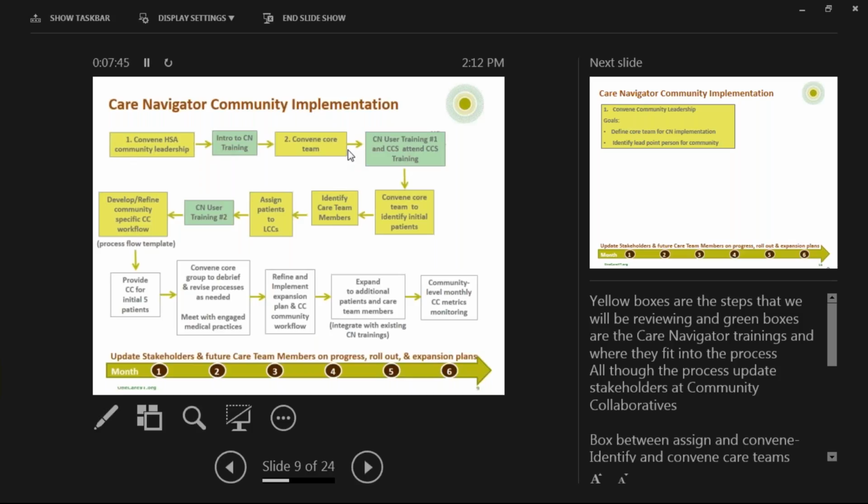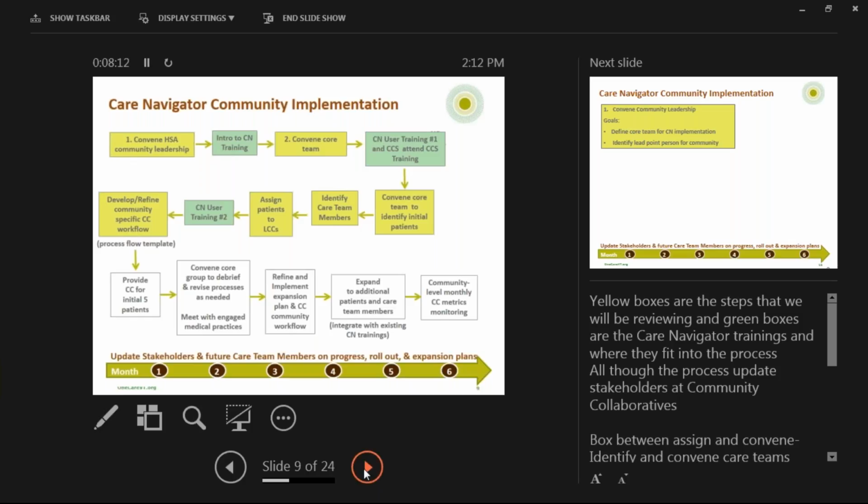We have regularly scheduled trainings at different levels. So that's where those would go into this process. And along the bottom, we're saying always updating stakeholders and future care team members on the progress and rollout and expansion plans. In the community collaboratives, talking about where the team is with that so that you can get input as you go along.